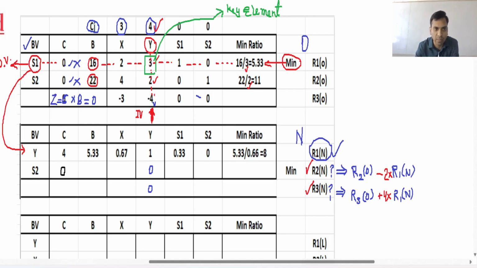Now we will calculate. To find all these values, you will use the respective old, the R2 old block, and the existing new R1 new.